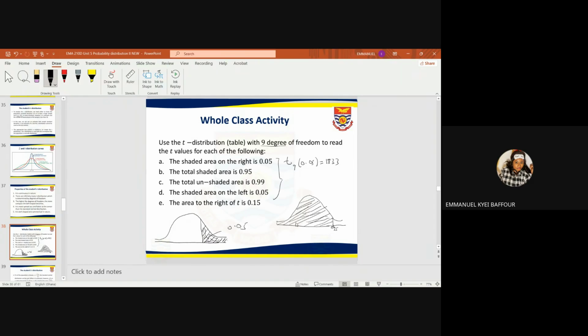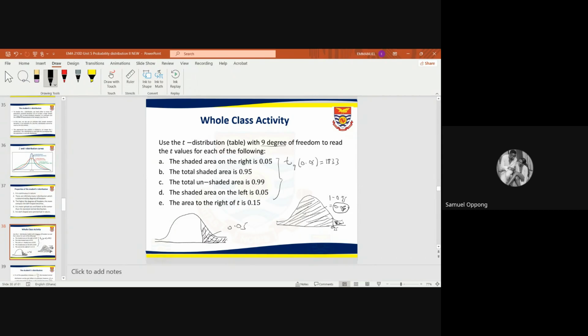Because everything combined will give us 1, the area that will be left here will be the same as 1 minus 0.95, which is equal to 0.05. So this will be the same as the first question that we did, just a different way.